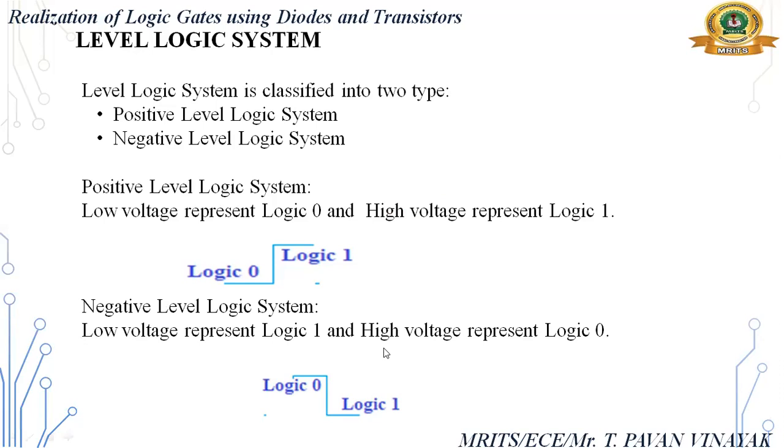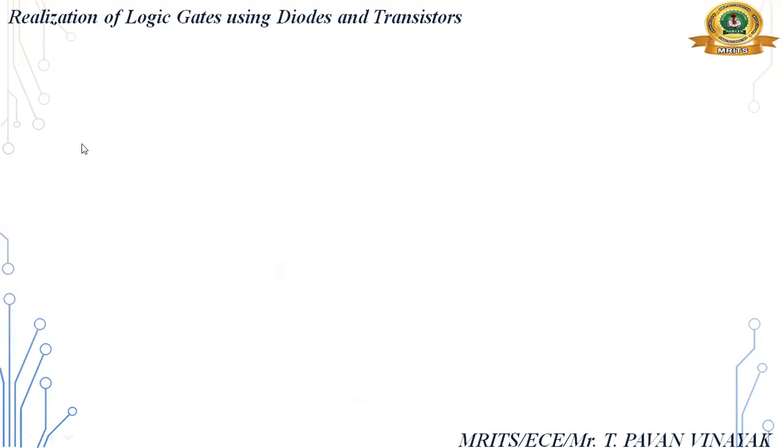Let us see some truth tables regarding these low and high voltages. I am taking an AND gate, the AND gate truth table according to the voltages. I am taking a two input AND gate.